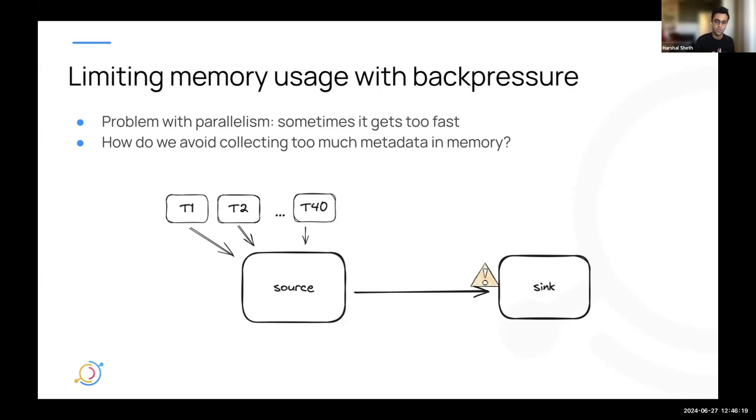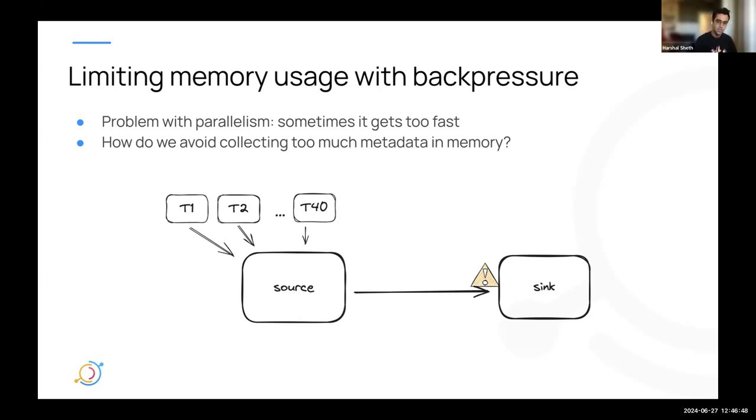And so the sink will not be able to keep up with the volume that it's getting, and the things that the source produces will build up in memory. This is a case where we don't really need to keep all of these things in memory. What we really should be doing is pausing processing of the source until the sink is ready to accept new requests. And so that's exactly what we do.